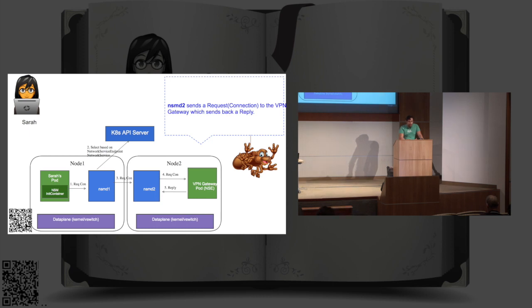You have the standard requests and responses as before, and the interface gets injected as it did before. The right-hand side of the tunnel gets created, and that's where the parameters are also chosen. It'll say, okay, I selected VXLAN with these parameters. Those parameters are then sent back to the network service manager of the first node, which injects the interface and then configures the data plane on the left side in order to complete the tunnel.